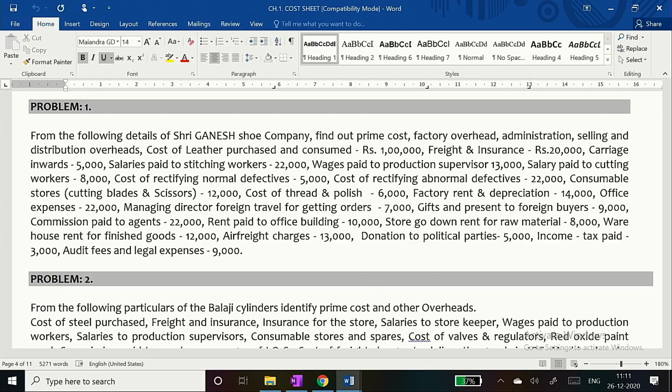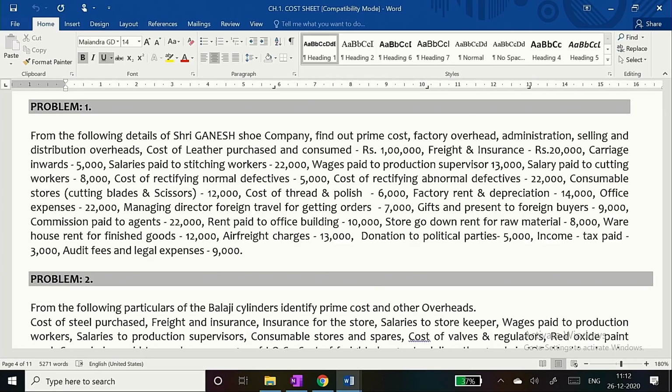Managing director's foreign travel for getting orders 7,000. This is getting orders, that means selling and distribution. Gifts and presents to foreign buyers, that is for selling only. Commission paid to agents, selling expense.